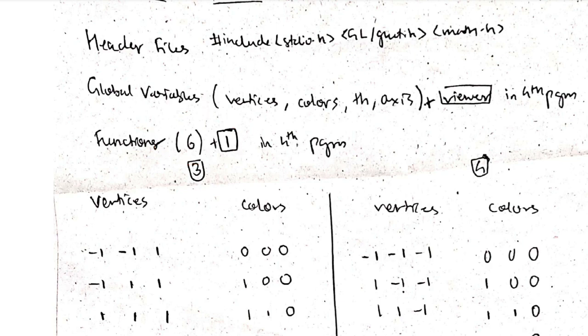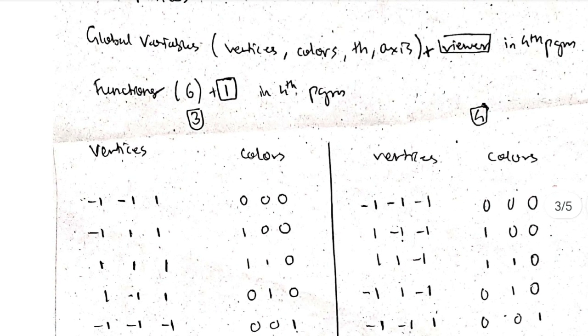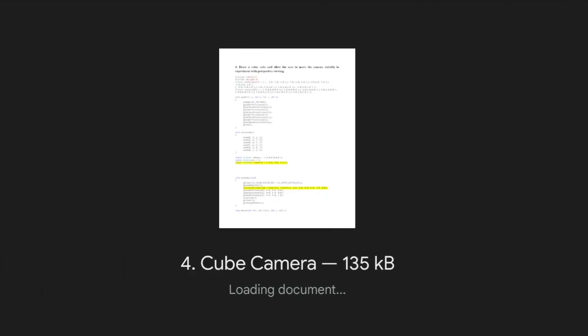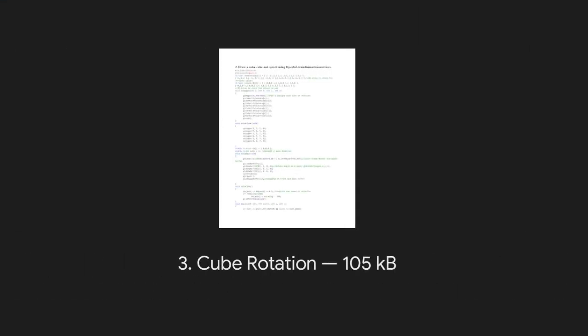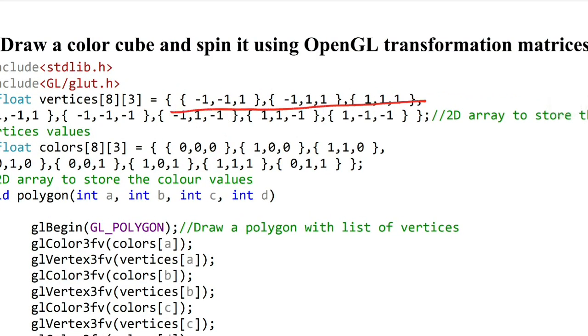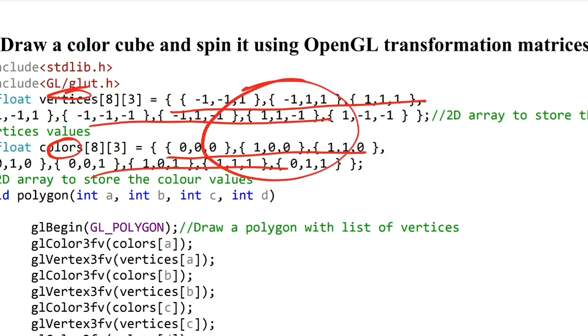So these things you need to remember, how to write the vertices values. If I show you the vertices values, along with the vertices values you have another thing also, the cube values. See, these things are there, right? -1 and 1 values here, that's for the vertices. For colors also you have zeros and ones. These things you need to remember exactly as they are, because if any one of the values differs, the cube will not be shown as it is expected to be shown.